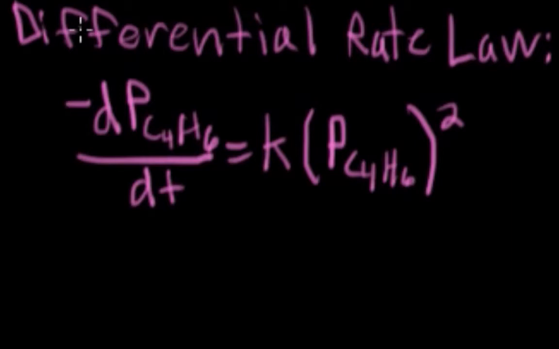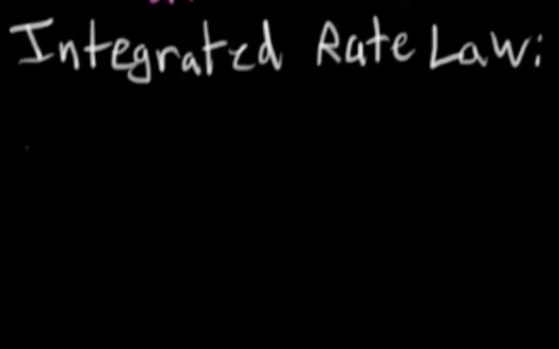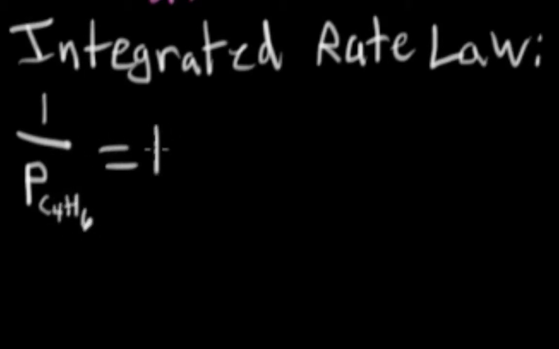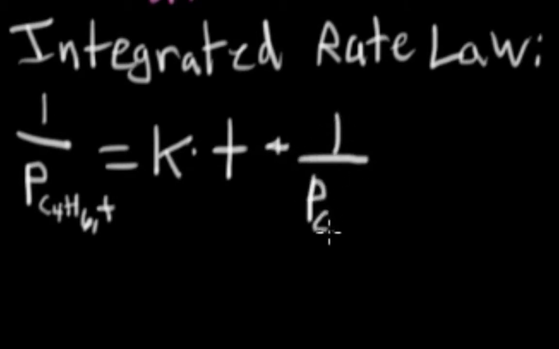So in addition to our differential rate law, we also have an integrated rate law. And what our integrated rate law says is that 1 over the partial pressure of C4H6 at some time t is equal to the rate constant k, which is again derived from our slope here, times t, plus 1 over the initial partial pressure of C4H6, which I am labeling with a 0 or initial.